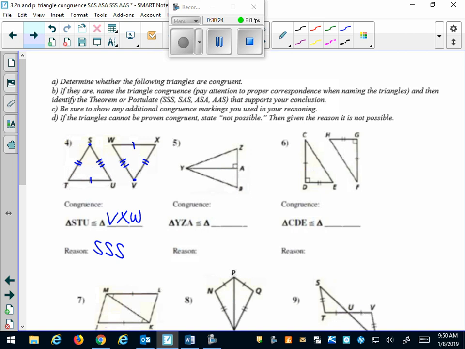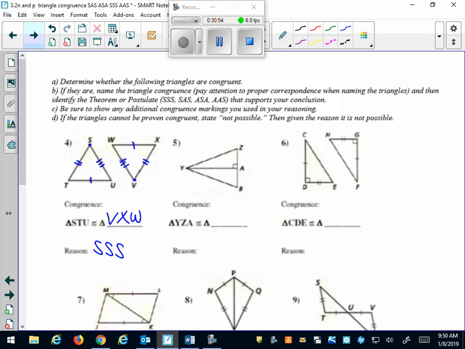SSS. Okay, for number 5, there's one extra congruence we could mark just by looking at the diagram. Okay, so good idea. If it was a perpendicular bisector, we could know that it's bisecting the angle.